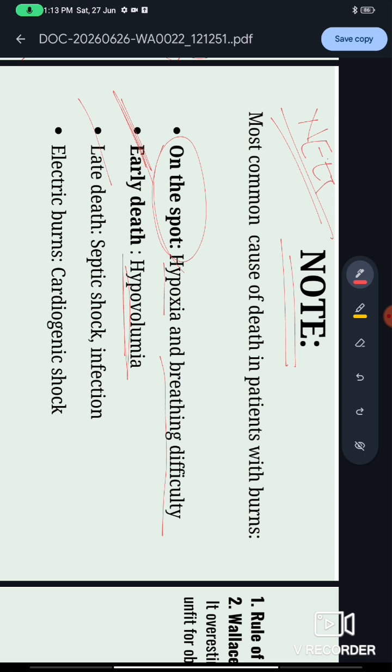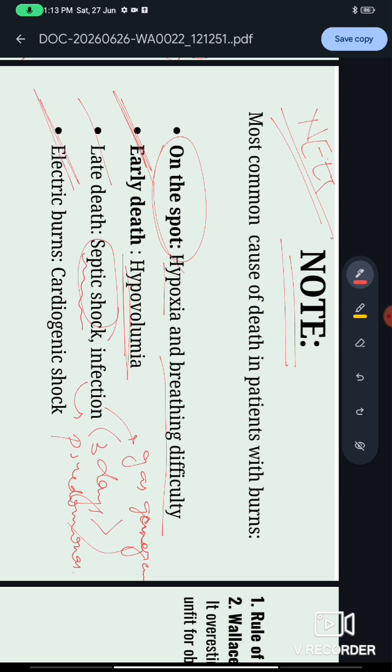Most common cause of late death in patient, that is 3 days after or more than 3 days, then it is septic shock or infection, most commonly by gas gangrene or Pseudomonas aeruginosa infection.